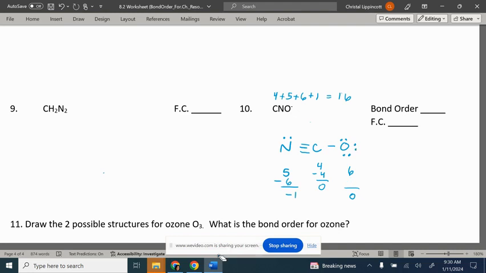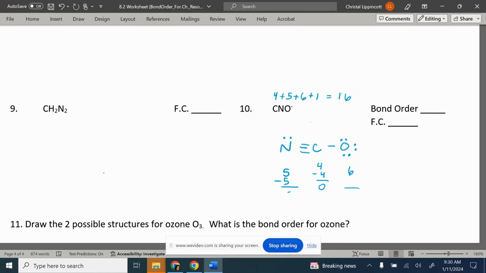Now we're going to reevaluate our values for formal charge. Nitrogen now has how many? 5.